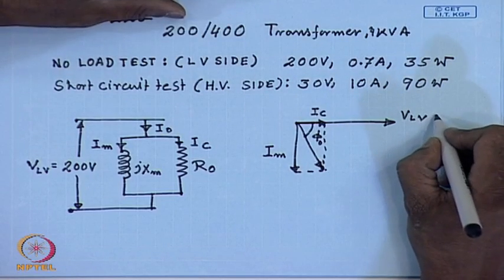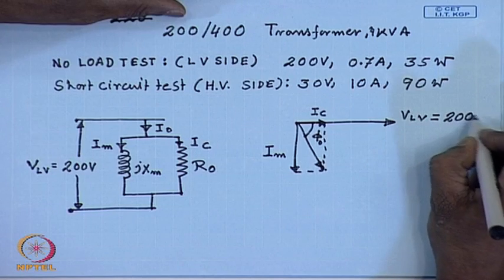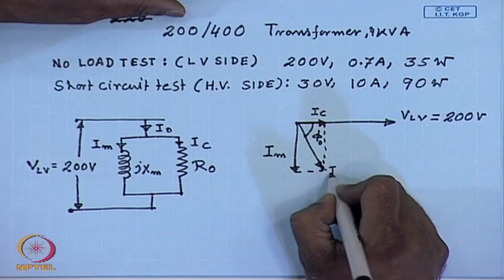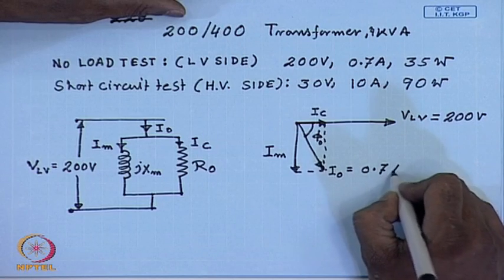Now, from the no load test data, this voltage is given to be 200 volt and the no load current I0 equal to 0.7 amperes.